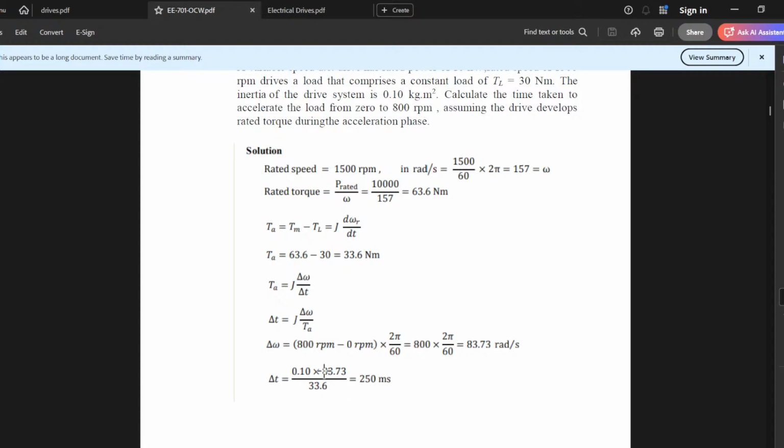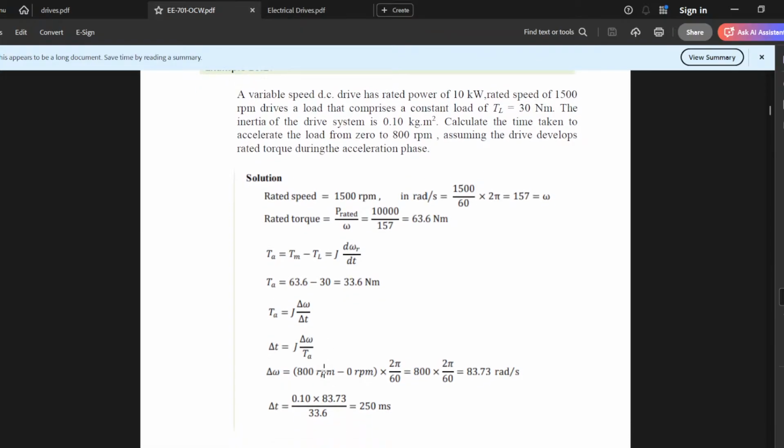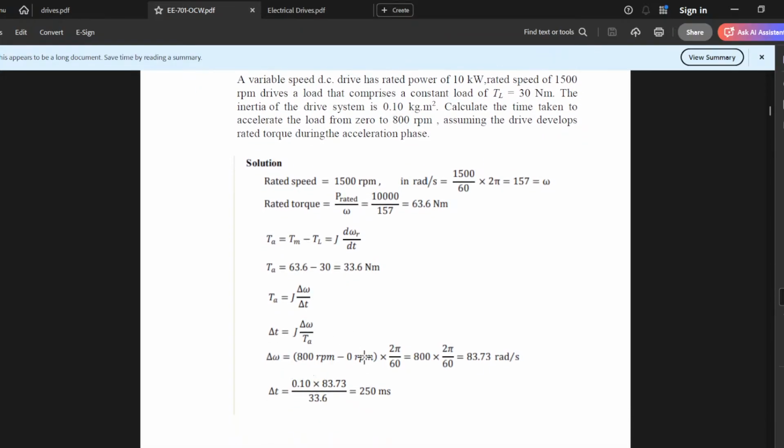Time is, 0.1 was inertia, no? J into omega upon this.